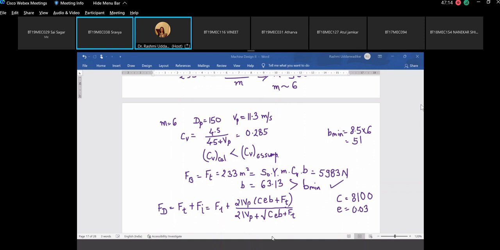For both, you have to use the same value of M. One we are getting 5,983 and the other we are getting 8,391. No, you have to use this 5983 because we are equating this with FB. Use this value of FT now, which we have equated with FB. FB is 8391.6.